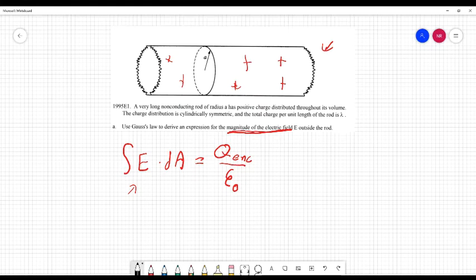This is a very long rod, so we can neglect the electric field divergence due to the ends of the rod. So if we create our own Gaussian surface, which would be like this black rod I'm drawing in, then it would be its own cylinder.